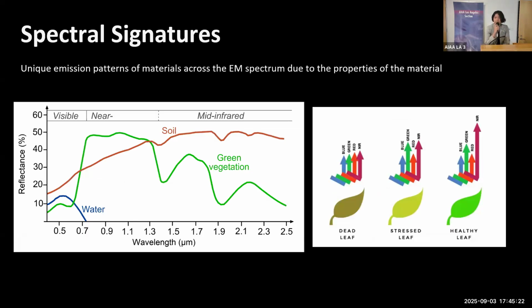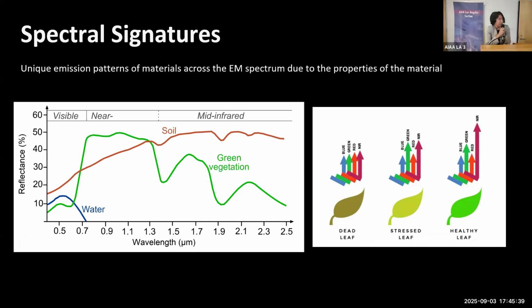So utilizing the principles of the electromagnetic spectrum, we can derive things such as spectral signatures. Materials on the Earth have their own unique spectral signature, and this depends on the material characteristics of the land cover of the Earth.